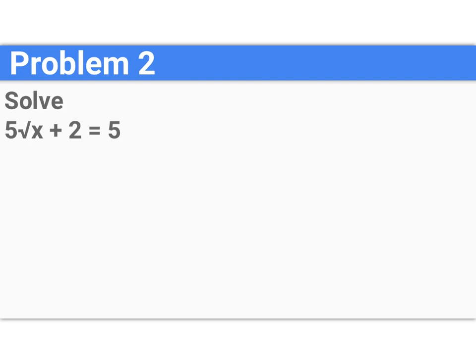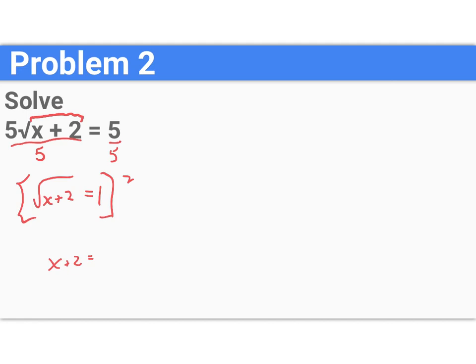All right, and then we have 5 times the square root of the quantity x plus 2. So the first thing we had to do is get rid of the 5 because we work our PEMDAS backwards. The square root of x plus 2 equals 1. Square both sides. x plus 2 equals 1.